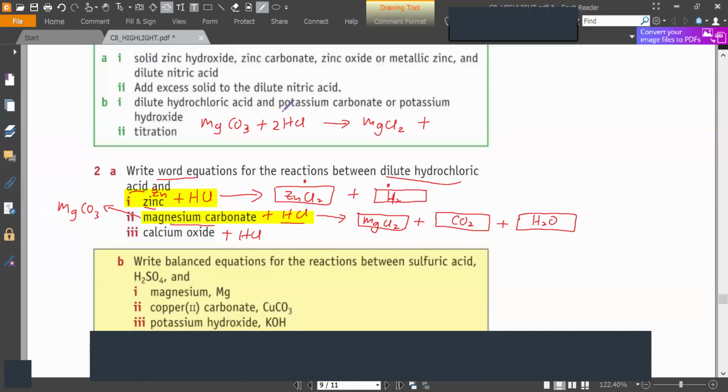Then 2 hydrogen combined with 1 oxygen to form H2O, and in the end we are left with the CO2. Next one, calcium oxide plus HCl.